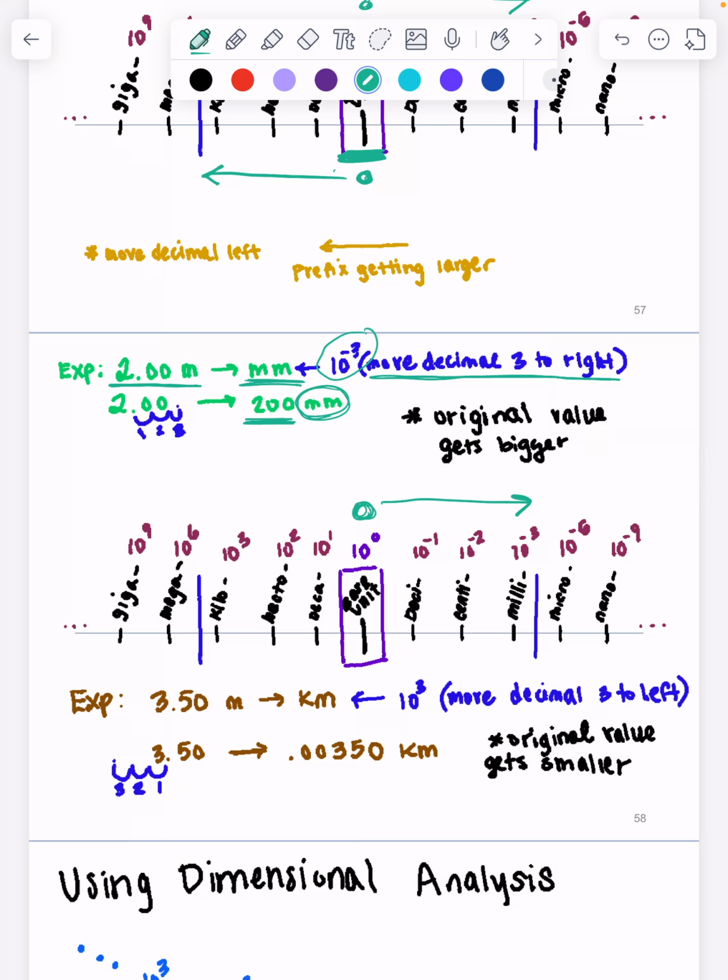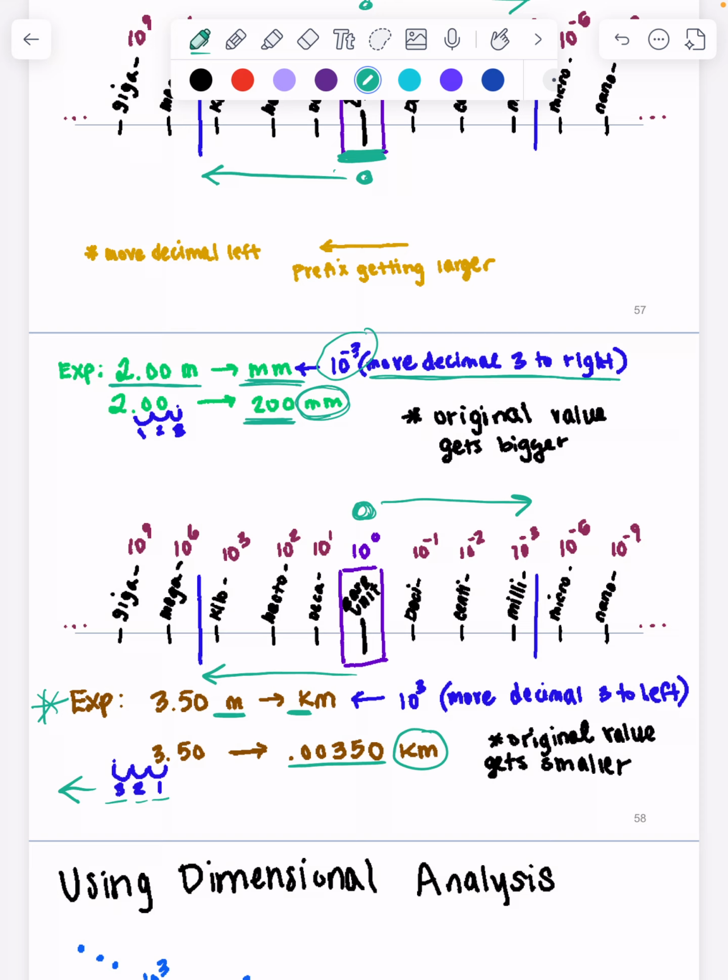It also works the same way if we are going from this base unit, meters, to kilometers. We're getting larger, so we are moving to the left on the timeline. That is the same way that we are going to move our decimal. So we come down here, we go 1, 2, 3 hops to the left, and we will get our new value in kilometers.